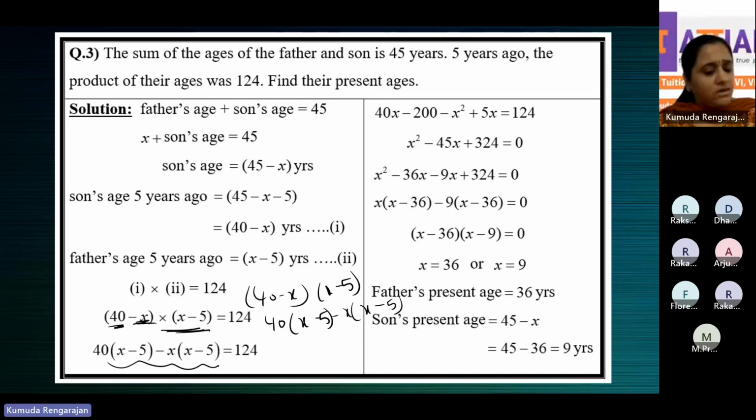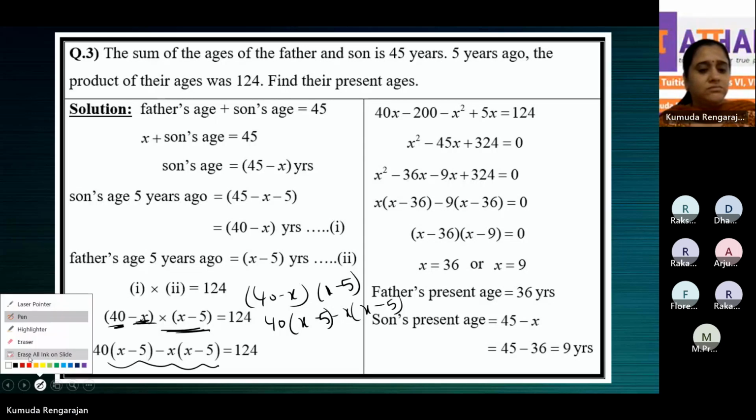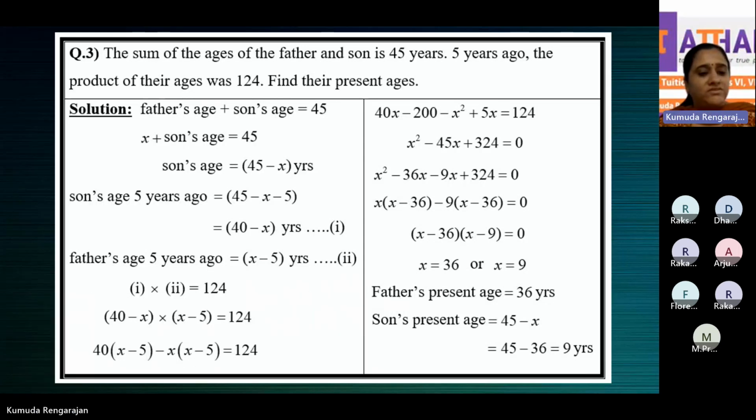Yeah, that's what even I have done. No, there's only one method. I don't think there's any other method. So multiply the first term, 40 with the second bracket x minus 5. Then the second term, minus x with the second bracket x minus 5.